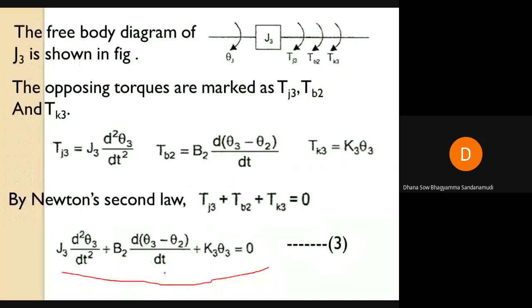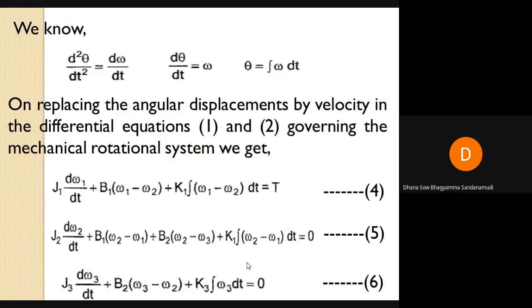One end of K3 is connected to reference. These are the three equations of the mechanical rotational system in terms of angular displacement. Now you have to replace displacement by angular velocity. You know how to do that, so substitute these terms in the above three equations 1, 2 and 3.